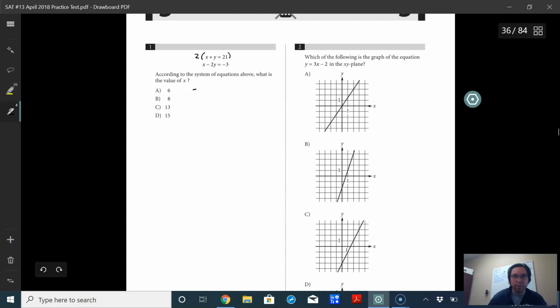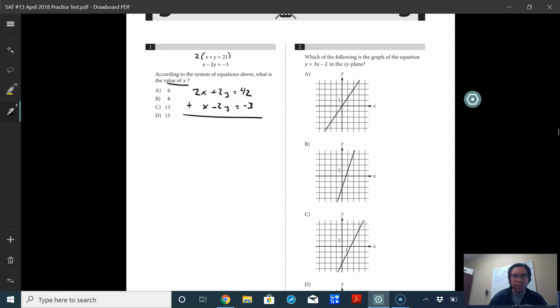So now we have 2x plus 2y equals 42, and on the bottom we have x minus 2y equals negative 3. In adding these, since we're looking for the value of x, we want to eliminate our y's.